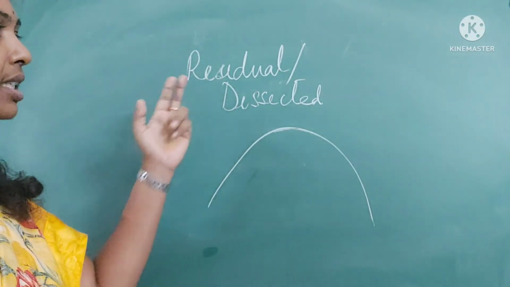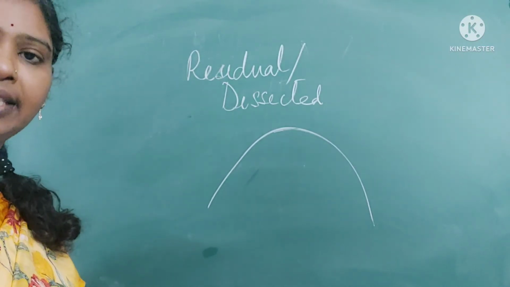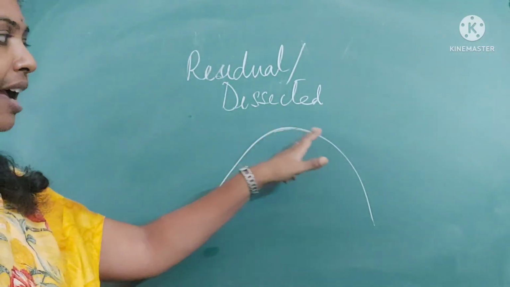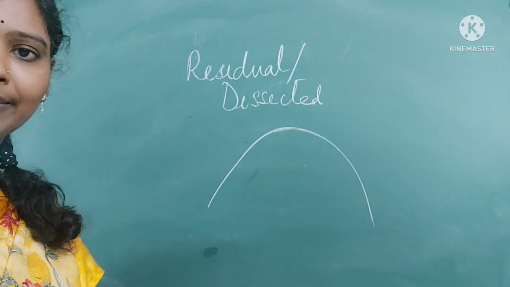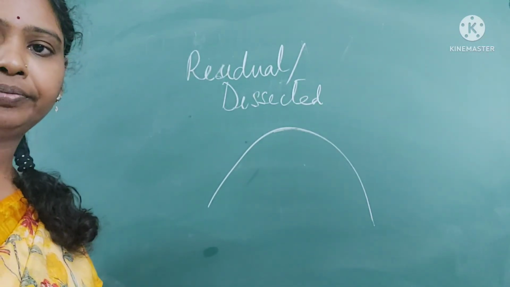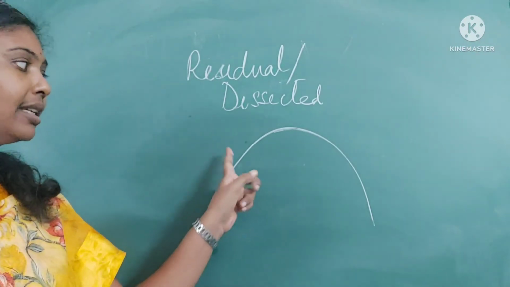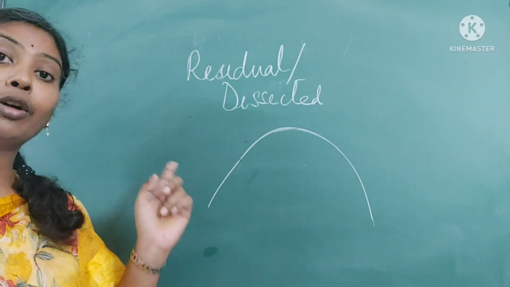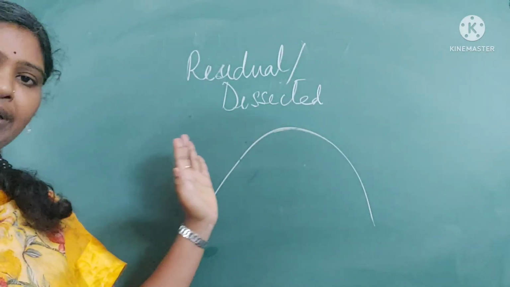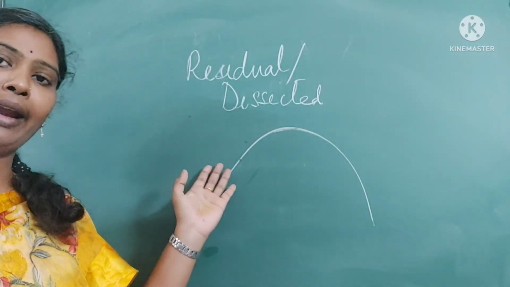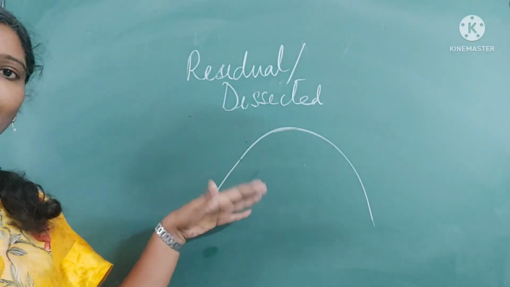In the case of residual mountains also, we will see the same. They have very rounded peaks and smooth topography, right? The reason is erosion and weathering.